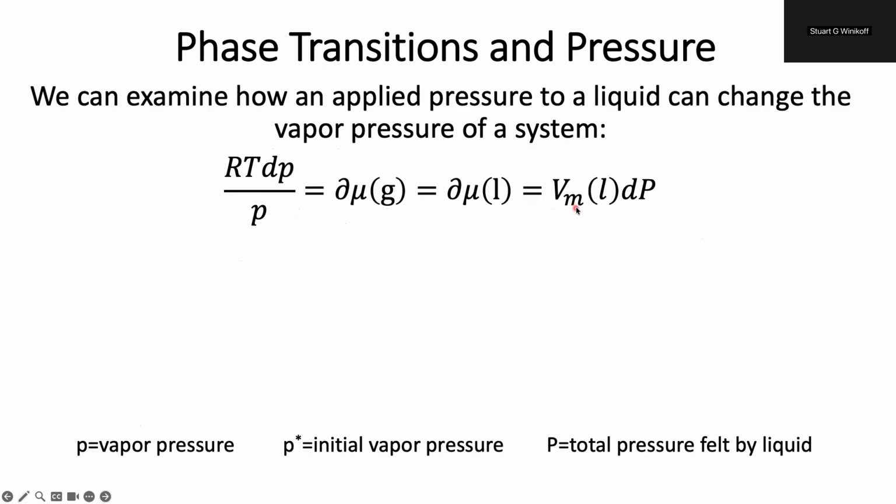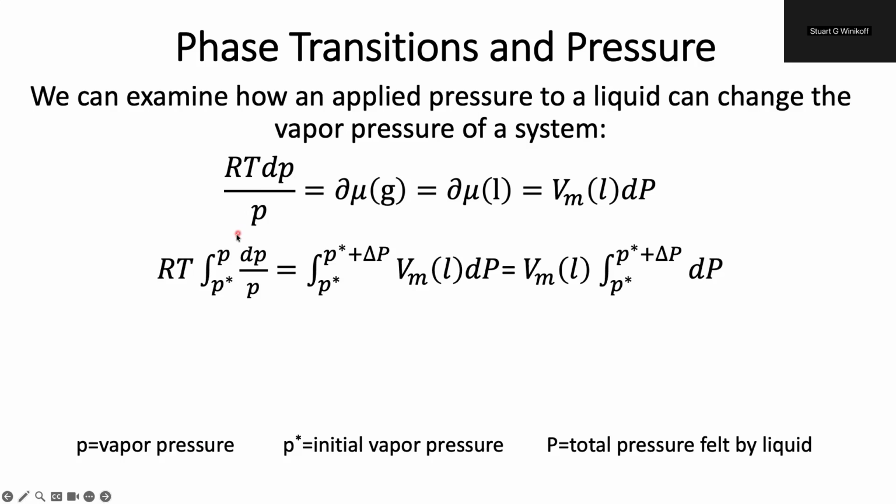However, the condensed phases, so solids and liquids, really care about the total pressure. So I'm going to designate the total pressure as uppercase P, and the partial pressure or vapor pressure as lowercase p. Now what we have to do is integrate over both sides to see how they're going to change as I increase the pressure.